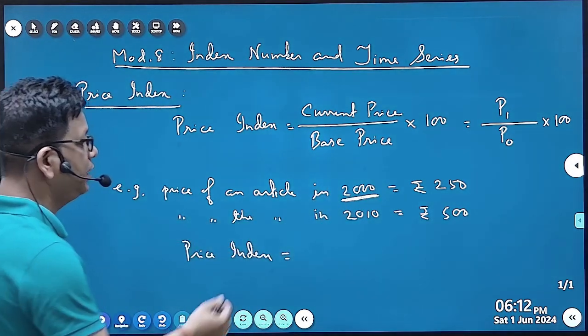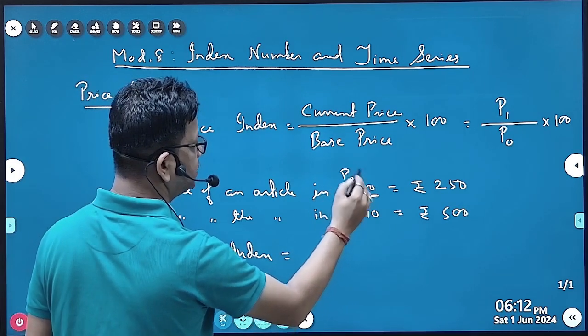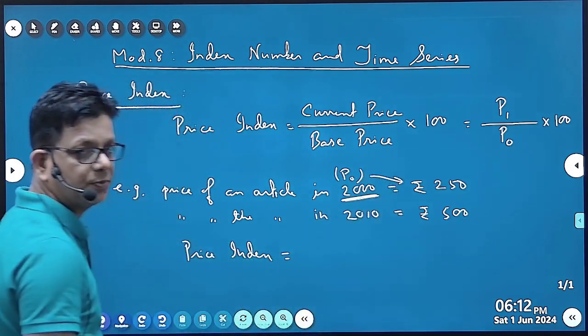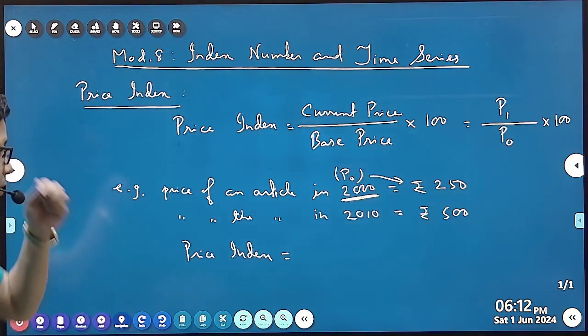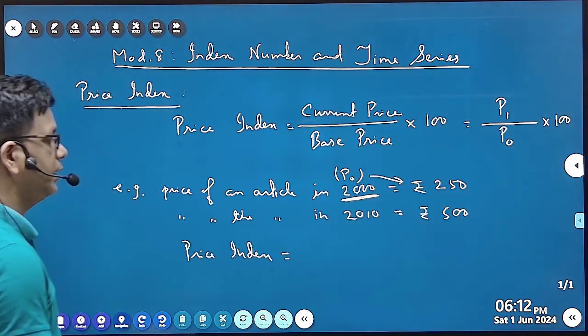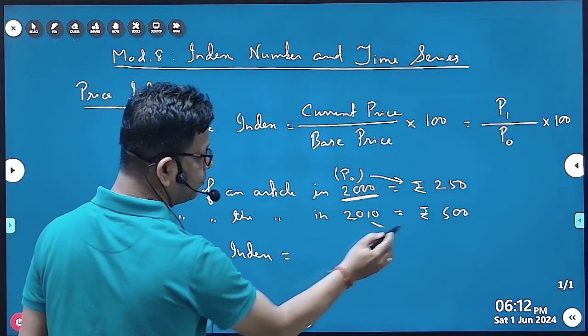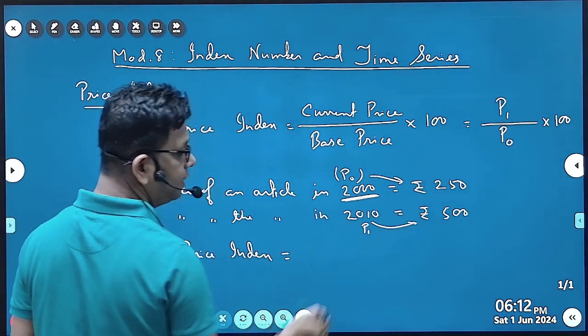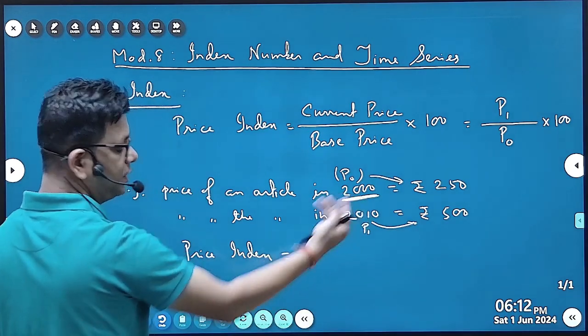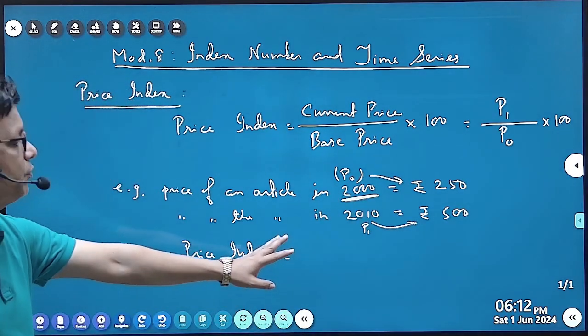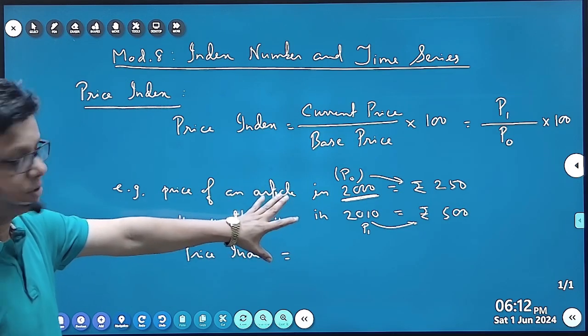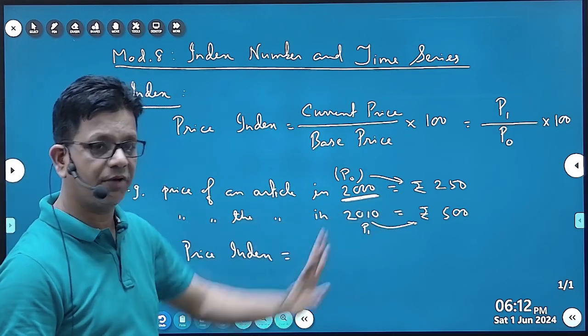So that is P0, the base price. Originally how much when you bought it? It was 250. Finally it became 500 rupees, so that is the current price. It's not necessary that the current year has to be 2024. In 2010 it became 500 rupees.